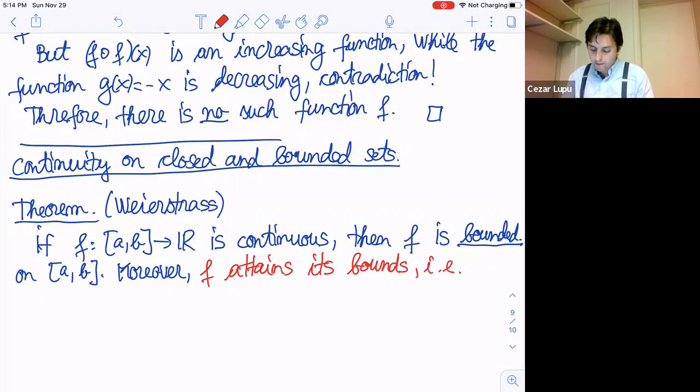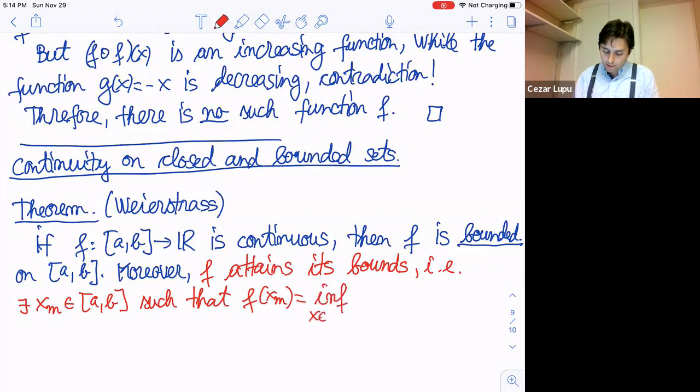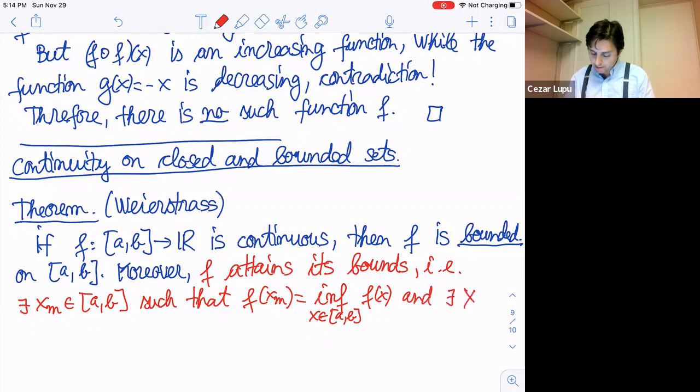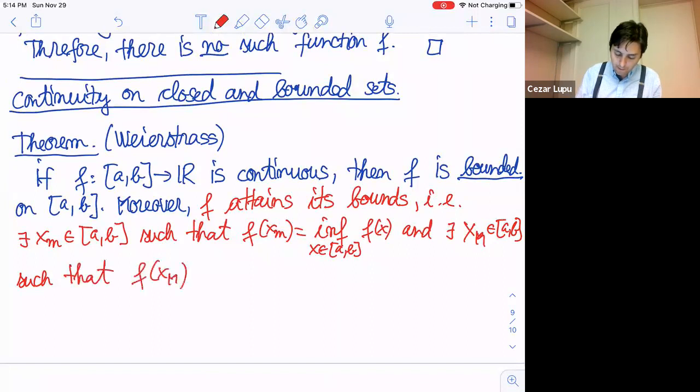Which means that there exists, let's say, an x_m in [a, b] such that f(x_m) is the infimum over all x in [a, b] of f(x), and also there exists an x_M again in [a, b] such that f(x_M) is the supremum of f(x).